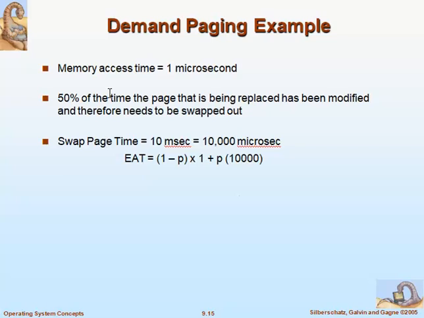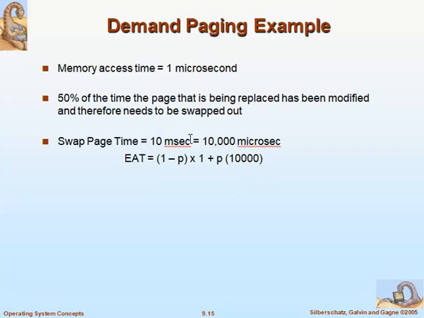Here is an example. Memory access time is 1 microsecond. Let's say 50% of the time the page being replaced has been modified and therefore needs to be swapped out. If the page fault rate is 50%, the swap page time is 10 milliseconds. So swapping the page takes 10 milliseconds, which is 10,000 microseconds.